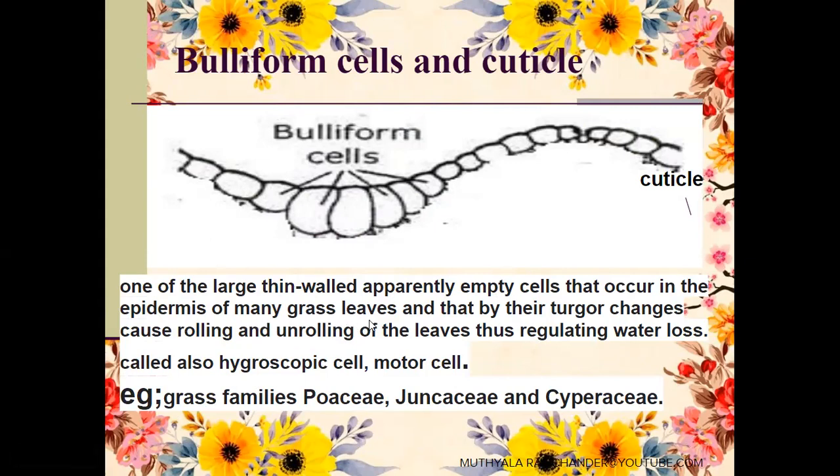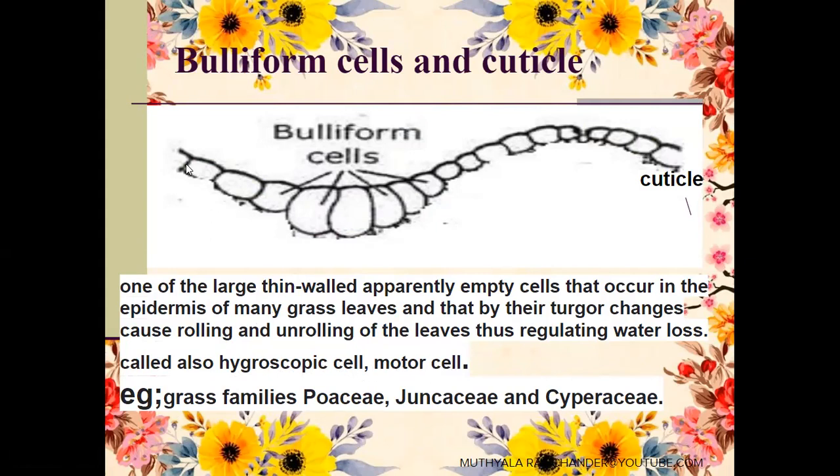By their turgor changes, they cause rolling and unrolling of leaves, thus regulating water loss. They are also called hygroscopic cells or motor cells.